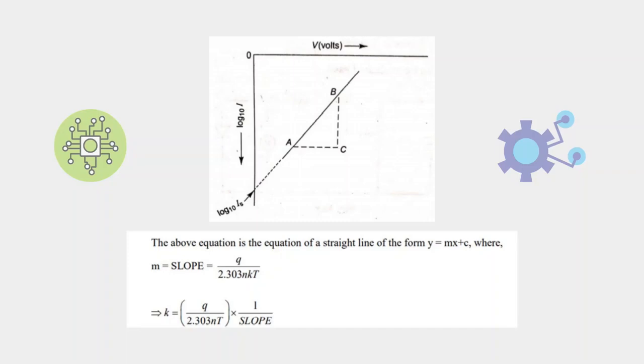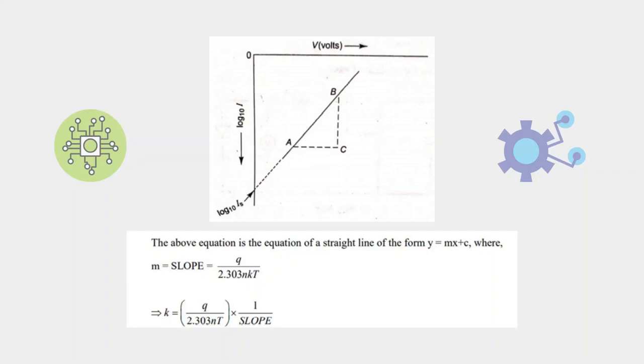So the slope is coming out to be q divided by 2.303 nkT. If we rearrange this equation, we get the value of k is equal to q upon 2.303 nT into 1 upon slope. And we will learn how to calculate the slope, which slope we are talking about.